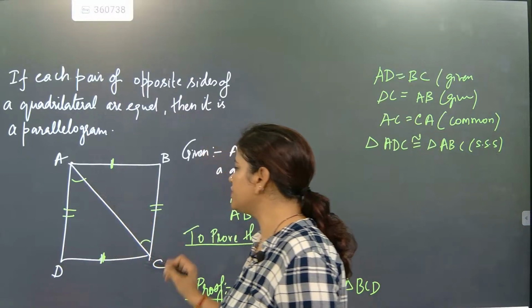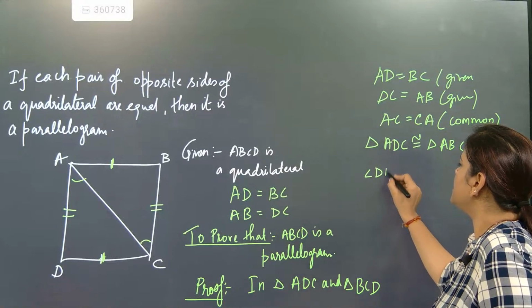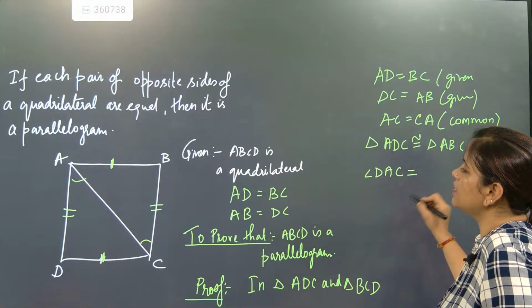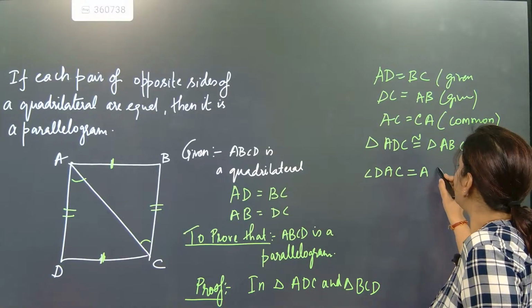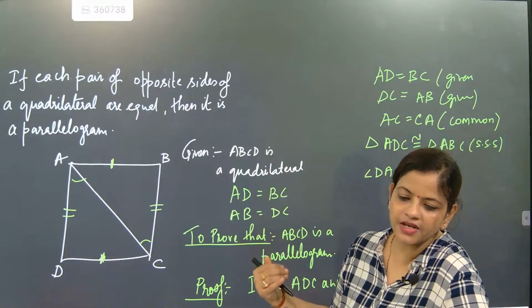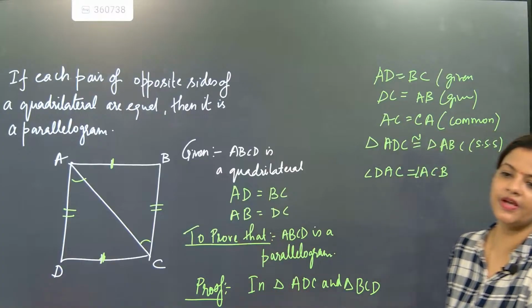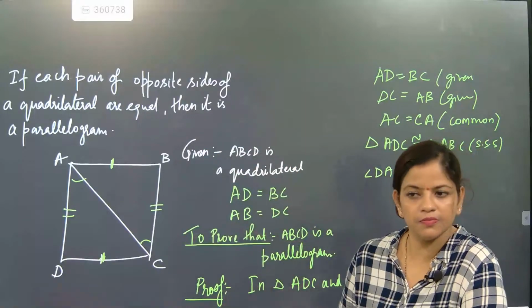This side will be equal to this side. So what are we going to write here? Angle DAC is equal to angle ACB. These two angles are equal now. When will these two angles be equal? When AD is parallel to BC.